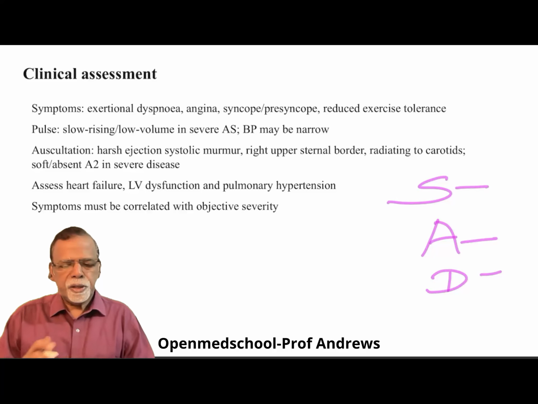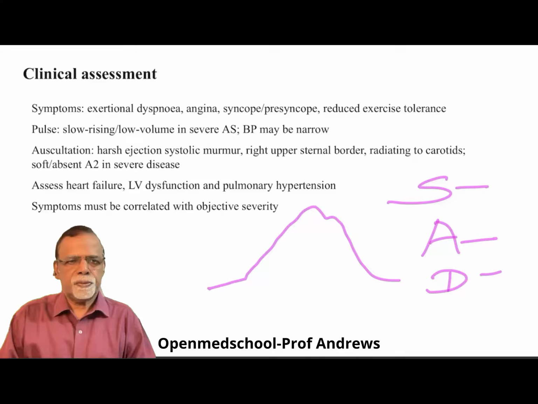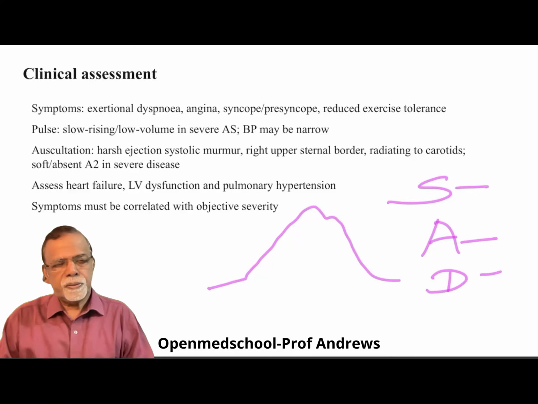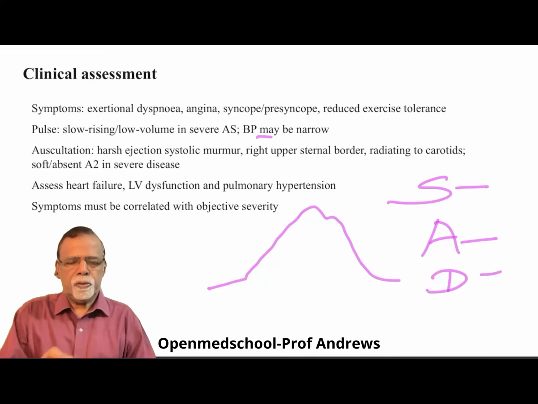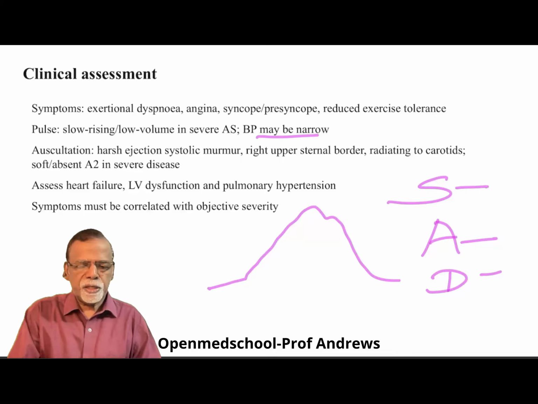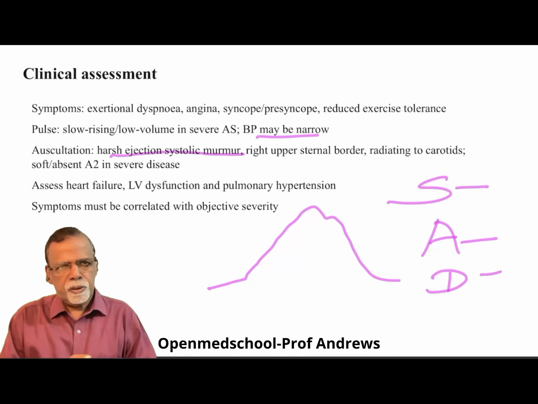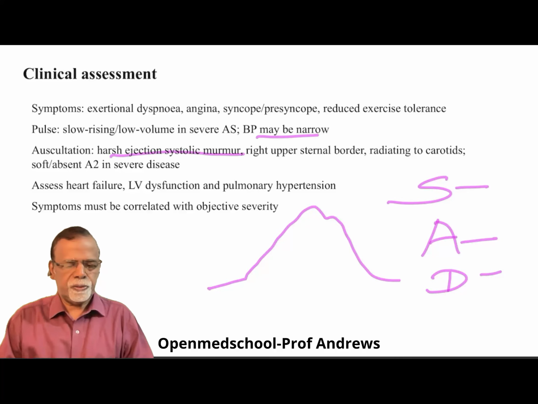Again, clinical examination: pulses parvus et tardus indicates severe aortic stenosis. The BP may be low. Auscultation, you get a harsh ejection systolic murmur radiating to the carotids. Soft A2 or absent A2. These are all evidence of severe aortic stenosis.